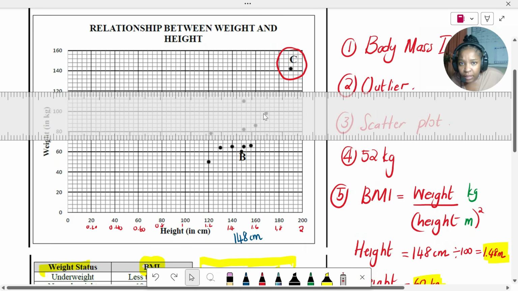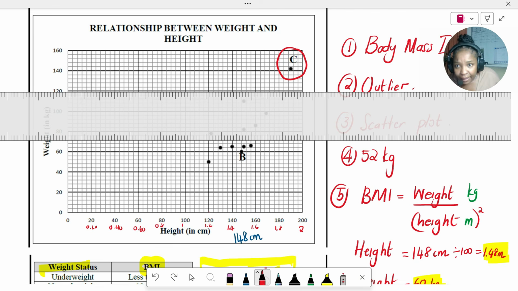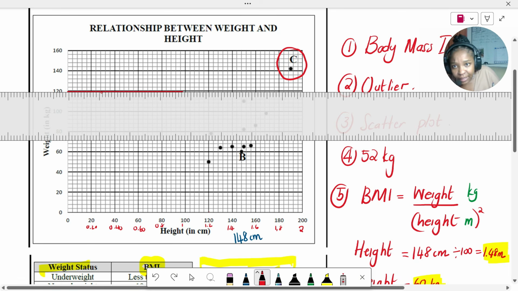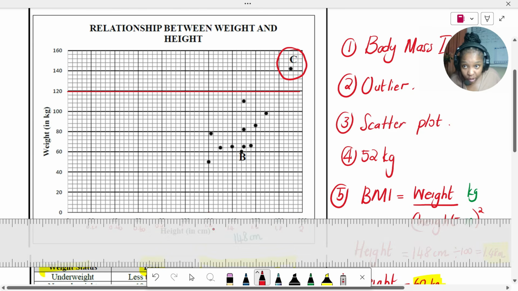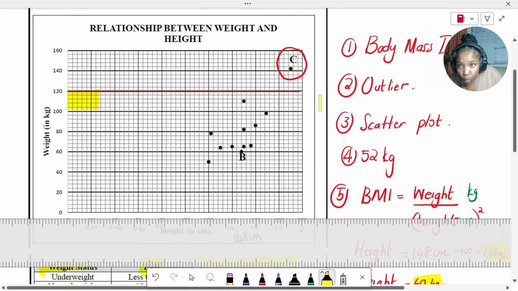That's my 120, so I'm going to draw a solid line there. What's the probability of selecting a person that is below? I'm going to highlight this in a color that you can all see. A person that is below. So we are underneath there. That's what a person that is below this line means.